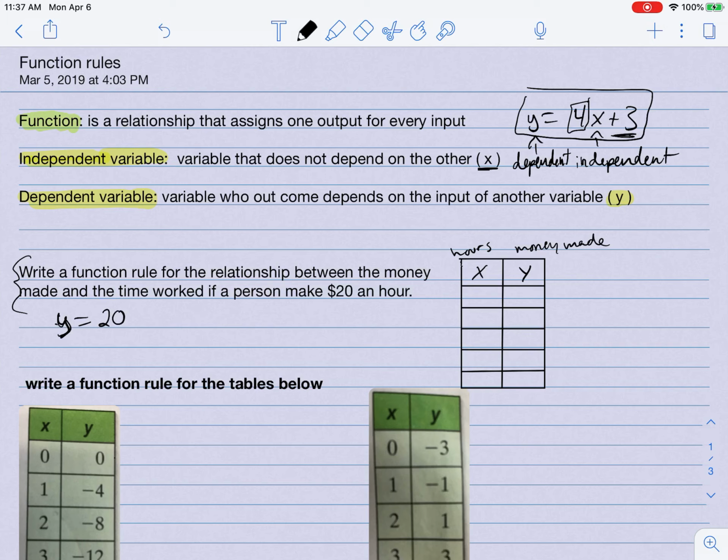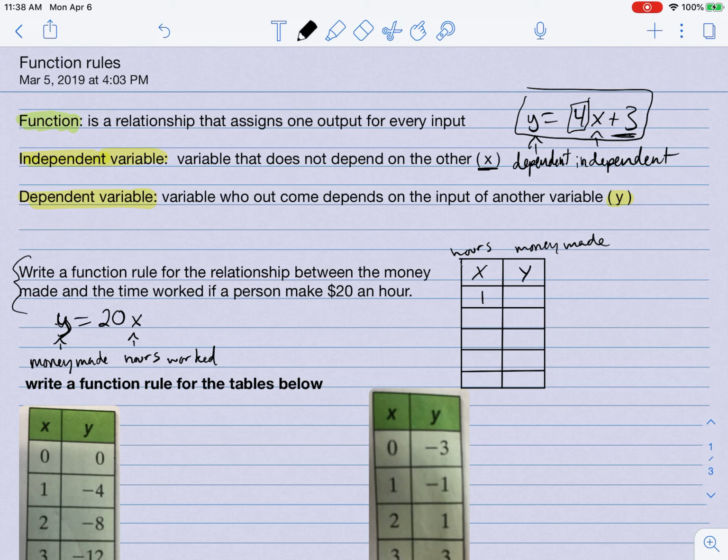So there's 20 times x. So this x would be number of hours worked, and y would be our money made. So you'll see the money you make depends on the number of hours you work.